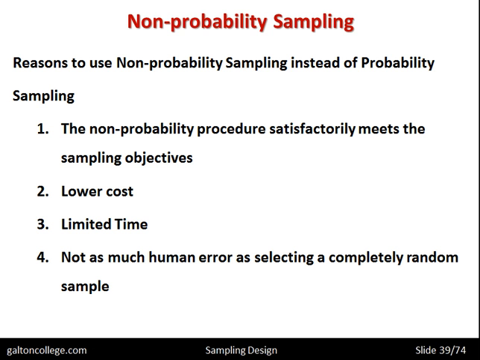Selecting a completely random sample may involve quite a lot of human error as well, because let's say we wanted to find the feelings in the population about government economic policy. Now that's in the population. So we first of all need the names and addresses of everybody in the population in the country. We would then need to sample them scientifically. We'd have to assign a number and try and draw out numbers randomly.